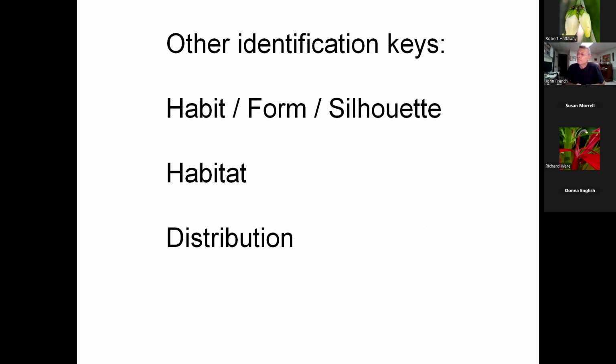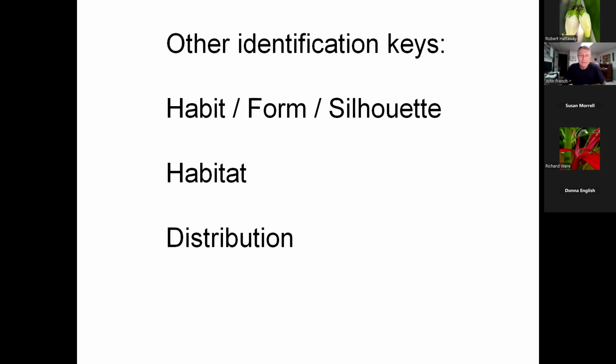Other identification keys. Now this would probably come as you get more experience, though. The habit of the tree: if you're trained, you can usually look at a tree going down the highway at 60 miles an hour and tell what it is by the habit, the form, the silhouette, and the branching. And the habitat is always useful.